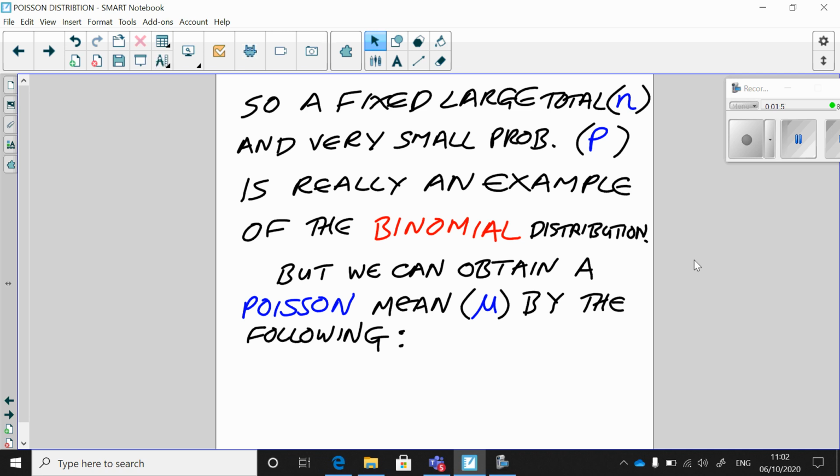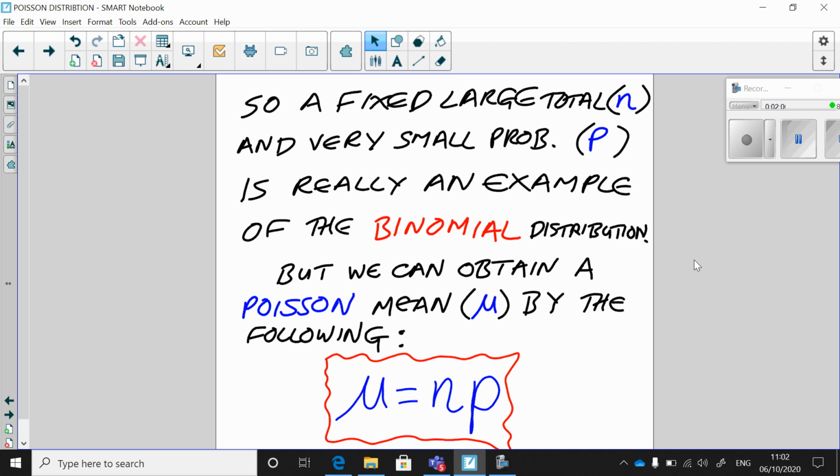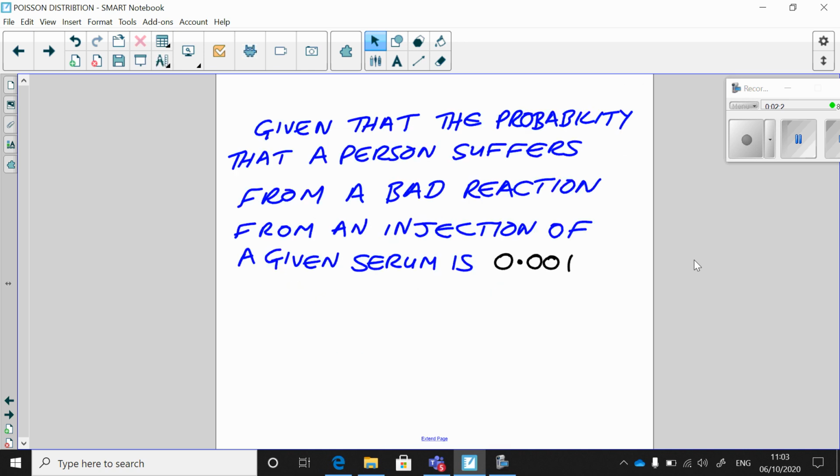Well, our mean in terms of Poisson, we take the n and p from binomial and just multiply them together. How do I know that? Well, somebody told somebody who told somebody who told me, and I'm telling you. It just makes things a little bit easier.